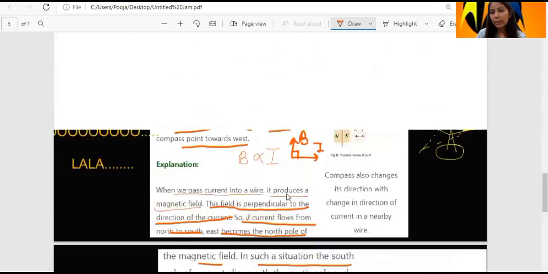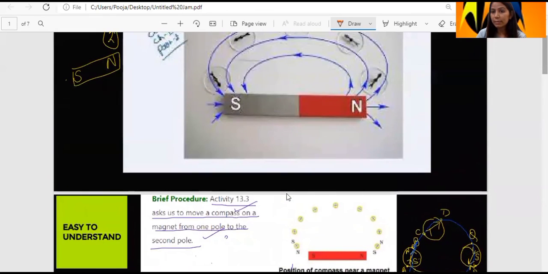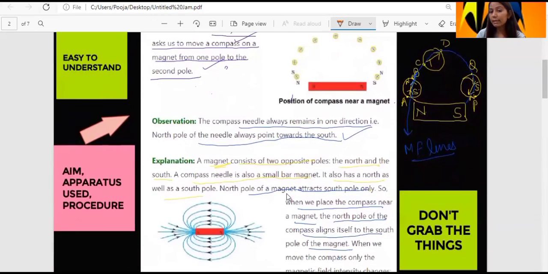So once more we can recapitulate. Again, I'm telling you that in activity 13.3, we have seen the movement of a compass needle near a magnet, from one pole to another pole. We took the bar magnet as well as a compass needle, and we placed the compass needle near the bar magnet, where we saw that the compass needle always lies in one direction.